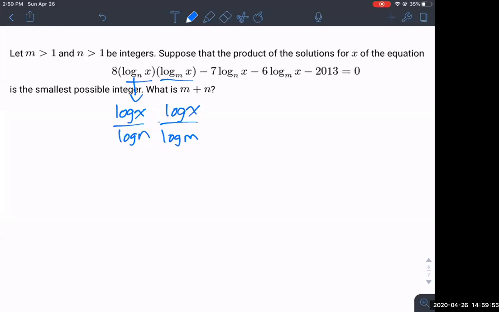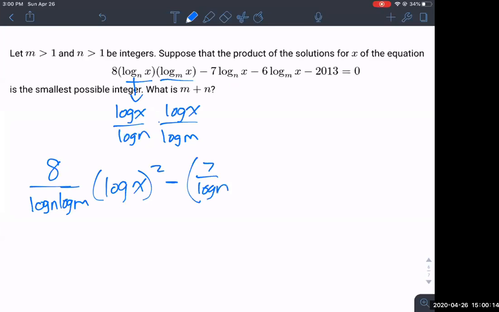Then we have 8 log n log m times log x squared minus this one becomes 7 log n plus 6 log m times log x minus 2013 is equal to 0.